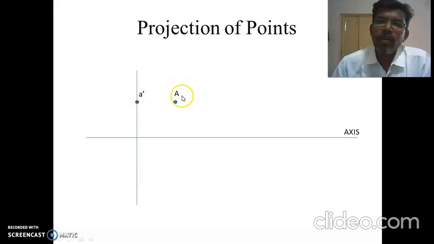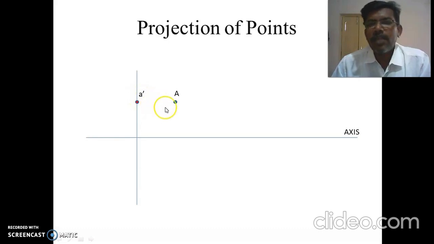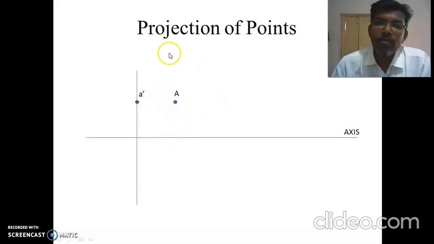The naming of the point is given in capital, and the front view and the top view are given in lower case. So A dash. And in the same case, the point is above the horizontal plane and in front of the vertical plane. When I am seeing from the top, the top view appears on the horizontal plane and it is named as a, that is small a.